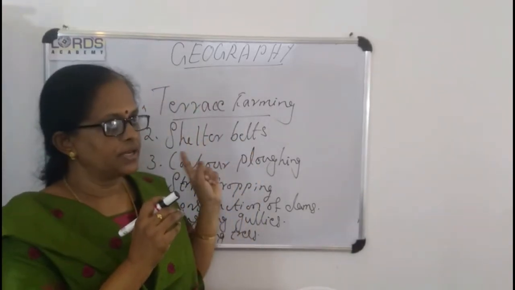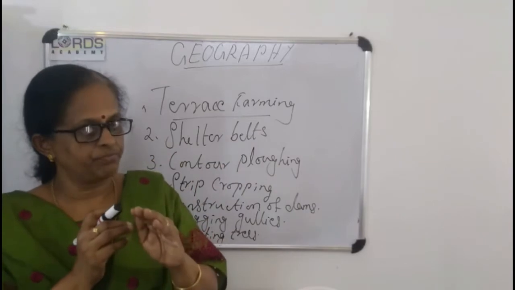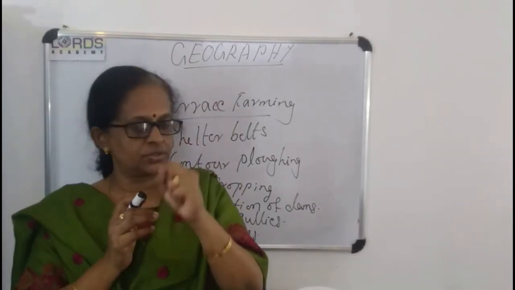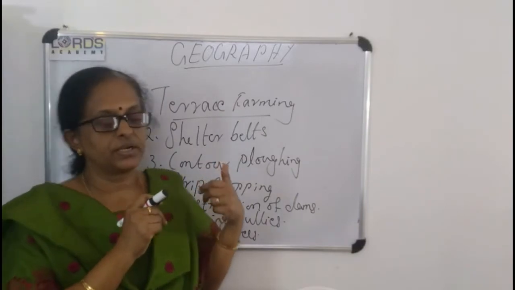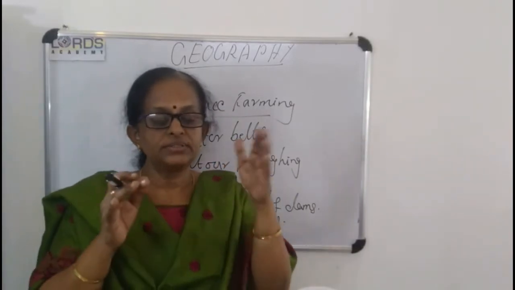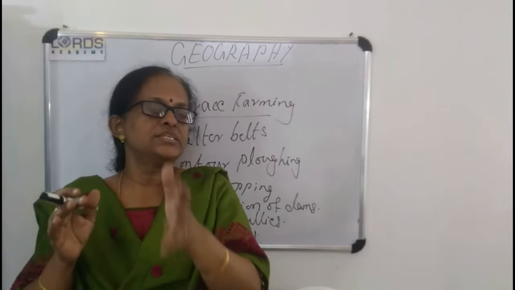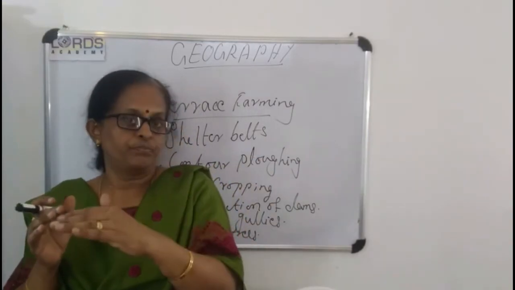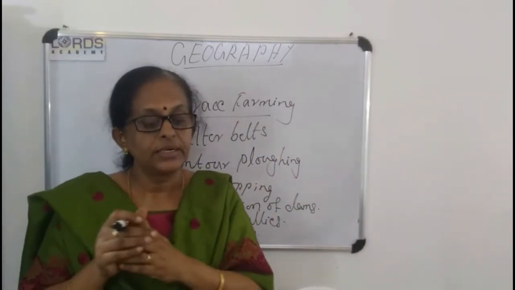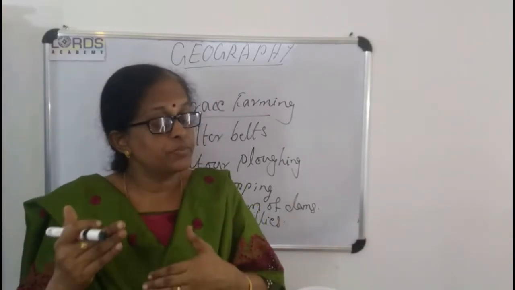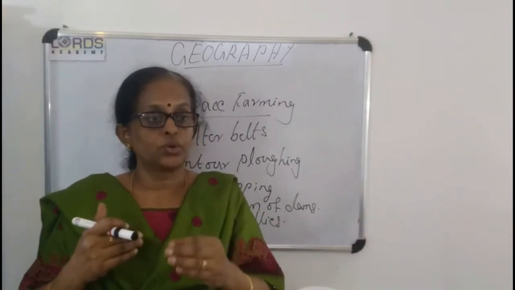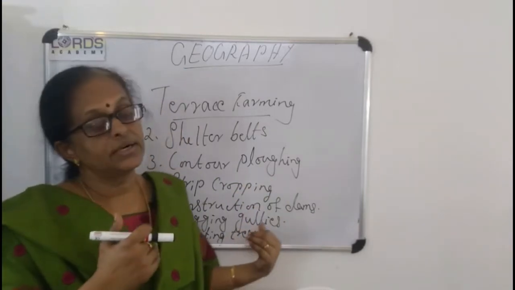Shelter belt we studied, planting trees to control the wind. It is also known as wind break, that also we studied. Therefore, these trees are planted in the edges of the fields, on wasteland and on steep slopes to prevent soil erosion.